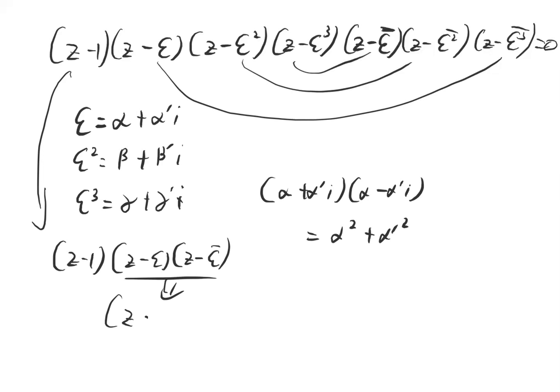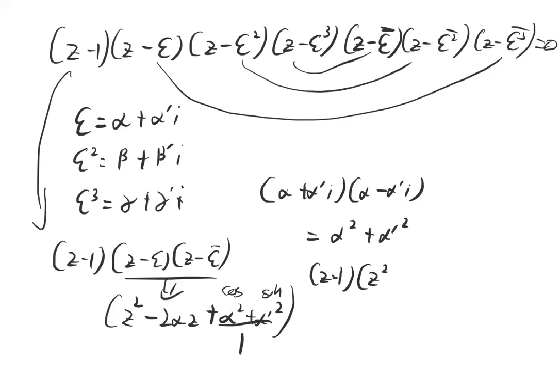So this is z squared minus 2 alpha z plus alpha squared plus alpha dash squared. And we know this is cosine something, this is sine something, so this is 1 basically. We simplify all the other terms in the same method. What we get is this.